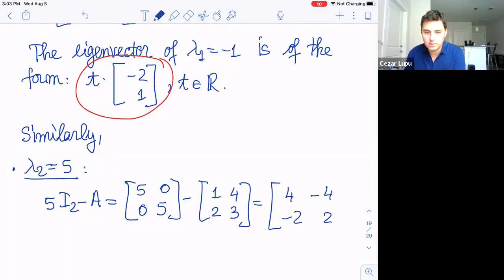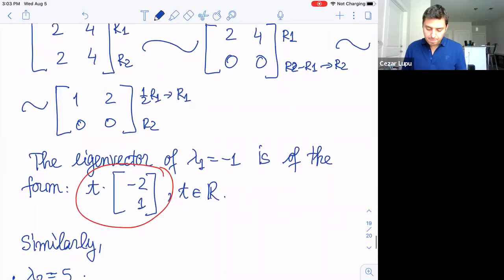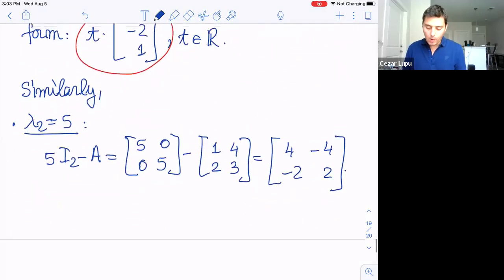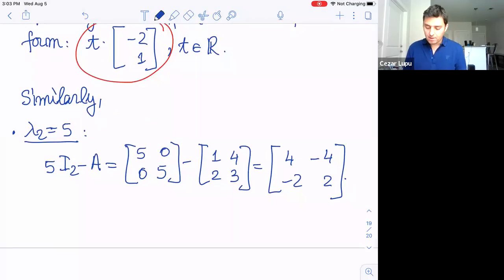Yeah, it doesn't matter. Now, again, this will be -4, 4, 2, -2. Anyway, it doesn't really matter that much.